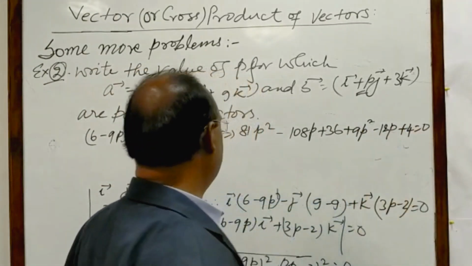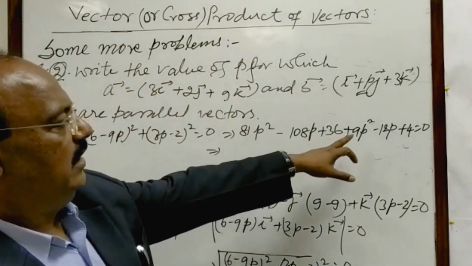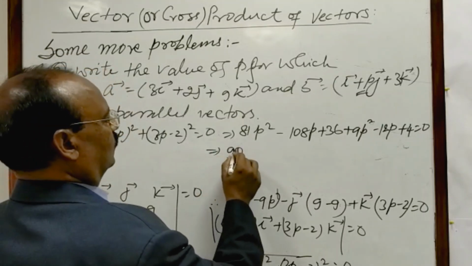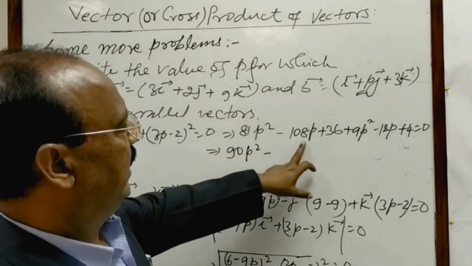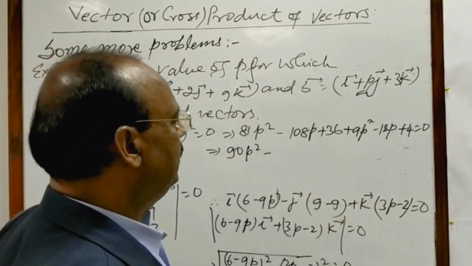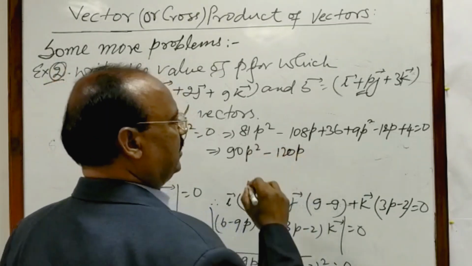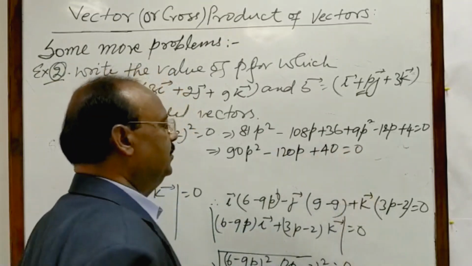This is equal to 0. Now let us simplify it. 81p square and 9p square will be 90p square, minus 108p and minus 12p, that is minus 120p, and plus 40, is equal to 0.